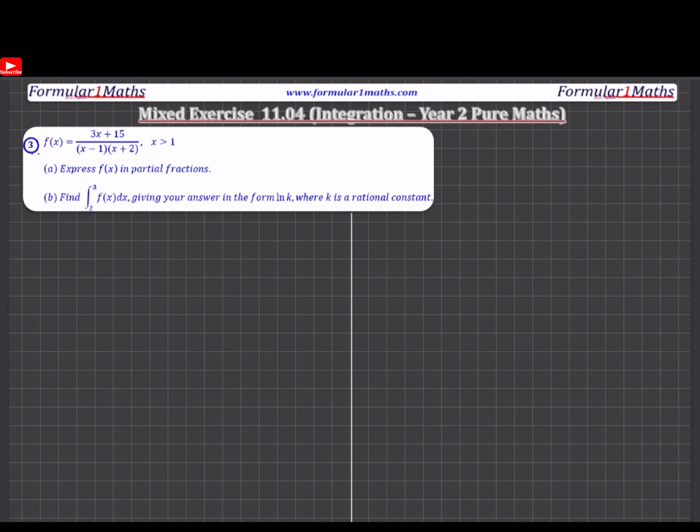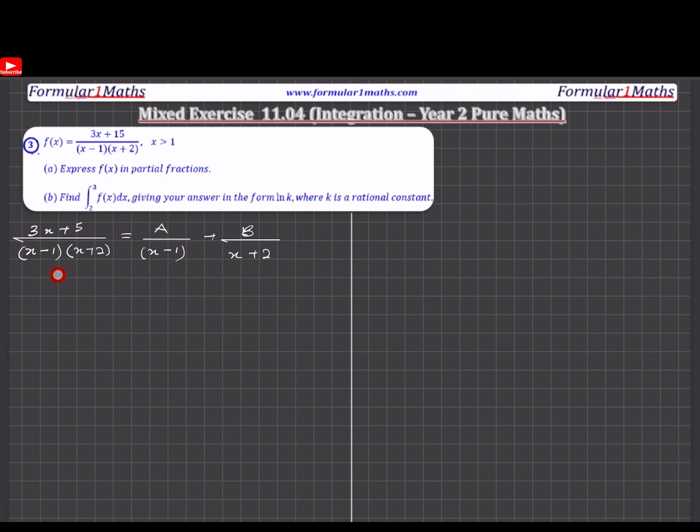So f of x is 3x plus 15, all of that, over x minus 1 times x plus 2, will be equal to some constant a over x minus 1 plus another constant b over x plus 2.